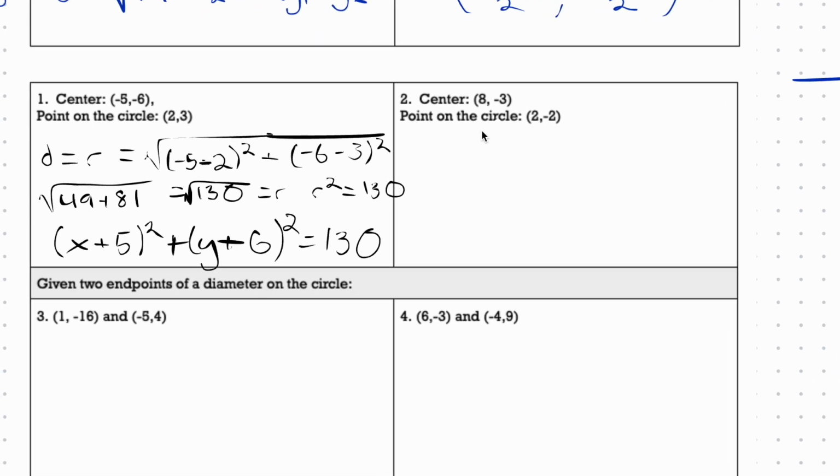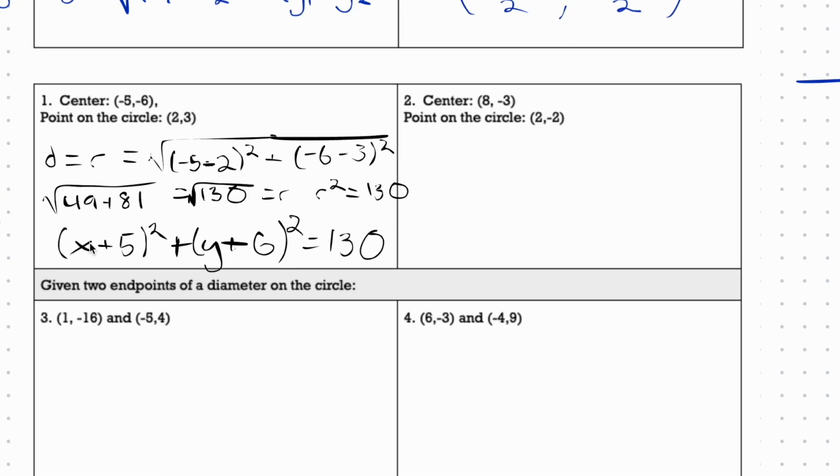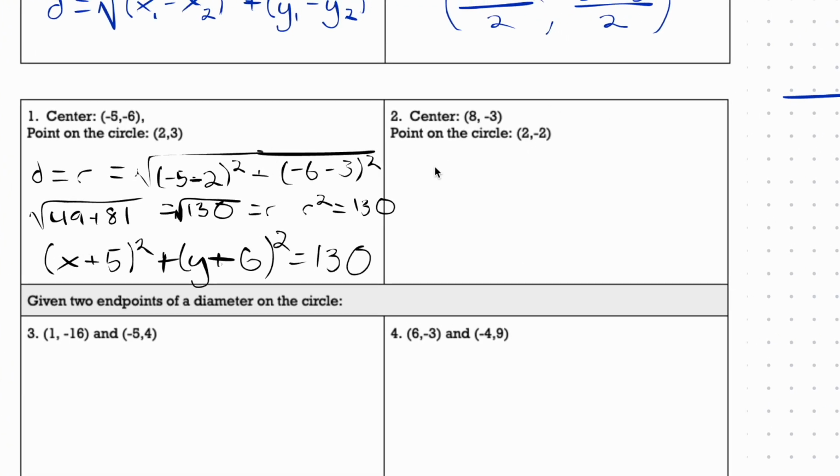Our center here for this next problem is 8, -3, and our point on the circle is 2, -2. And so this is almost the exact same thing as what we just did. We're going to have the exact same procedure.